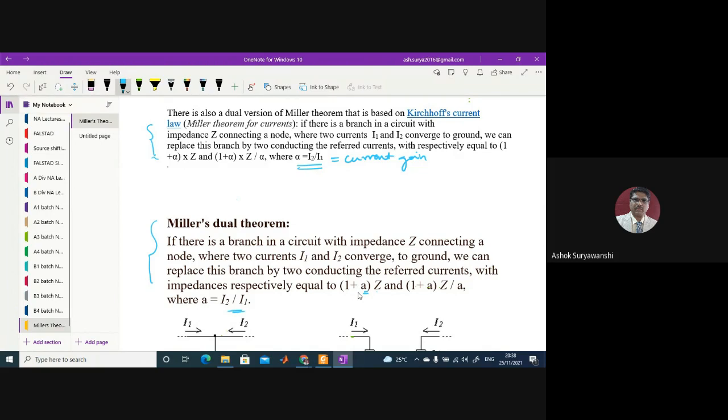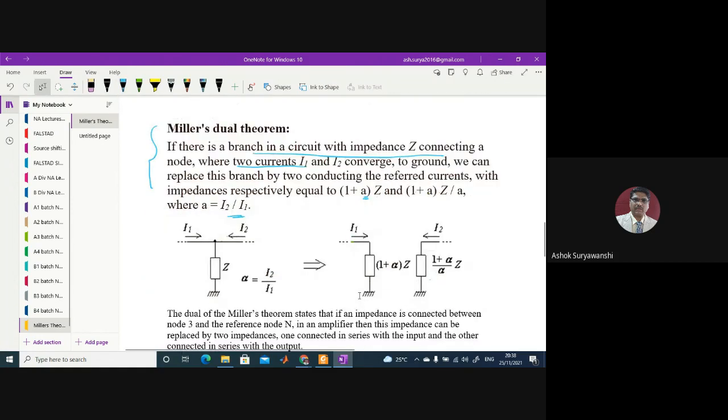So what is the meaning of these two currents converging? First of all, if there is a branch in a circuit with impedance Z connecting a node, you can see in this diagram that there is a branch wherein the impedance Z is connected between the node and ground, where two currents I1, I2 converge. Converge means coming together.